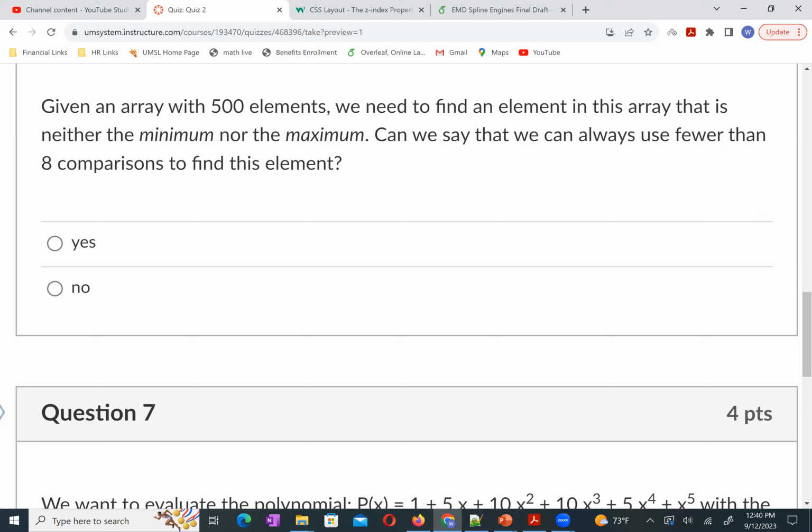I reduce to 498 elements. If I can solve the problem with 8 comparisons, can we say we can also solve the original problem, 500 elements, with 8 comparisons? If I can solve one with fewer elements, 498, with 8 comparisons, can you also say we can solve the original problem with 8 comparisons?